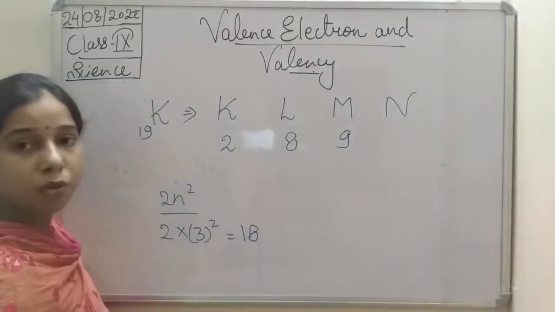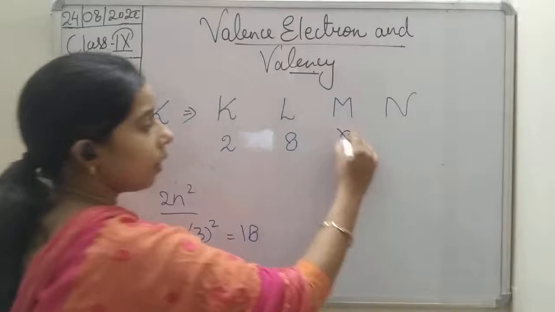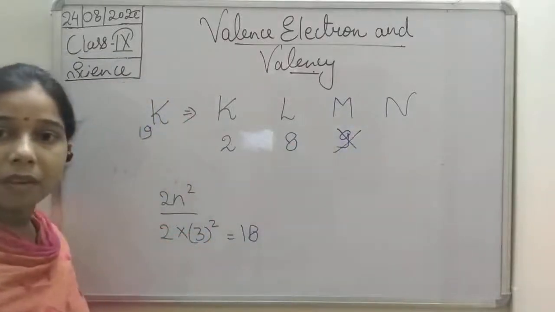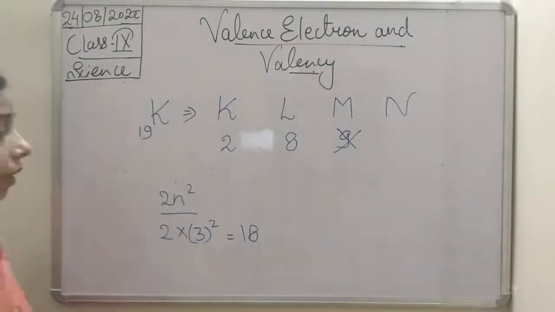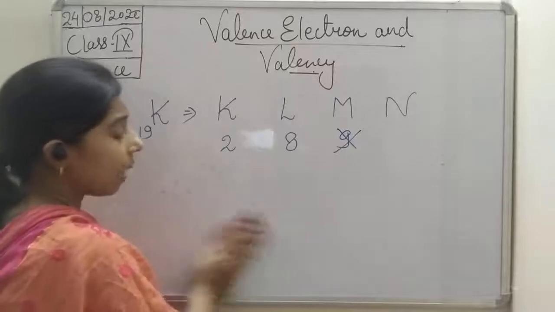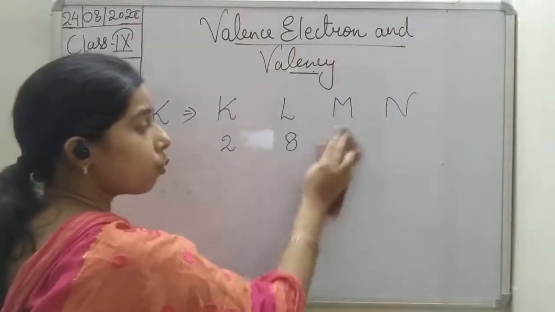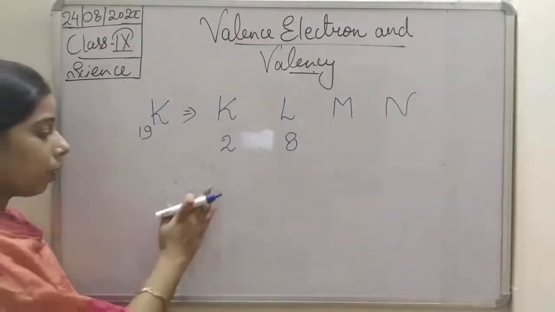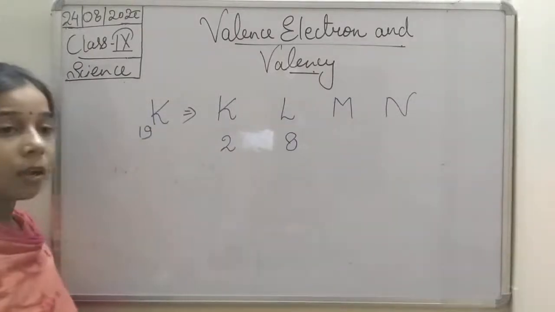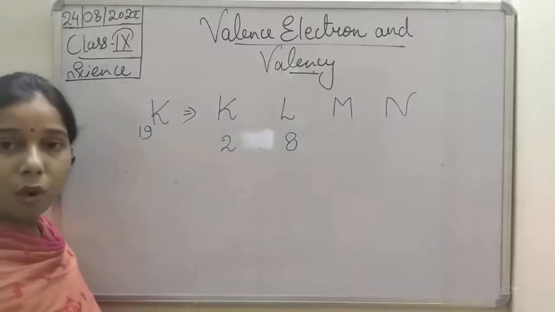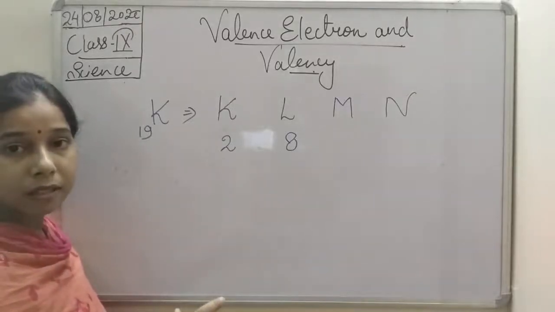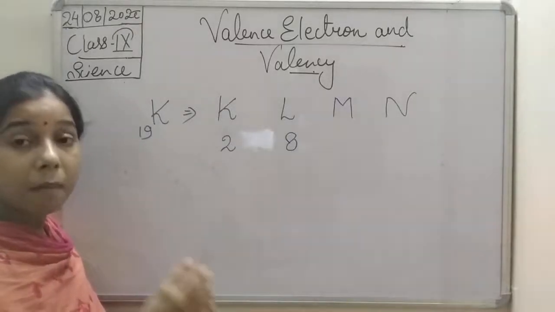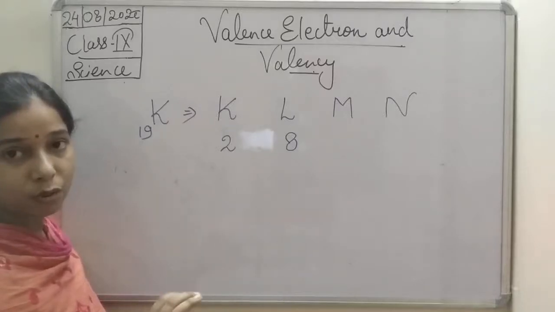But students, this is the wrong one. It never happens. It is because in the set of rules given by Bohr and Bury, in the third point they said that the outermost shell of the atom must have 8 electrons only.